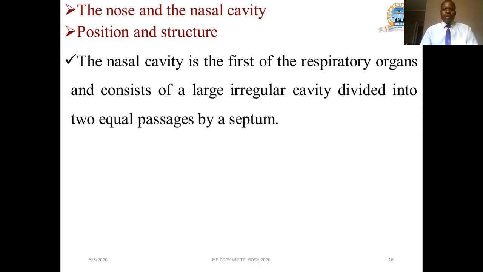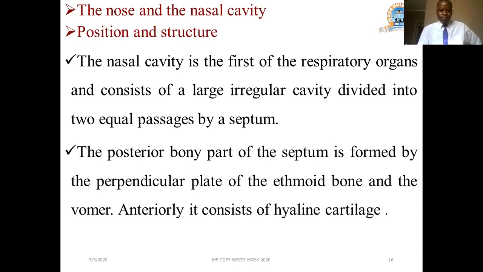The nasal cavity is the first of the respiratory organs and consists of a large irregular cavity divided into two equal parts by a septum. We are just trying to describe the nostril, which everybody knows. You can see that the nostril has two holes, the right and the left, divided by the septum.